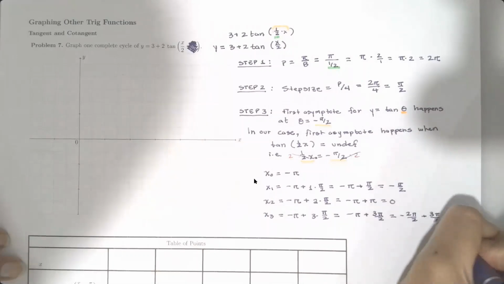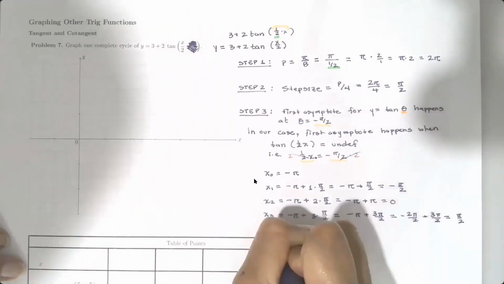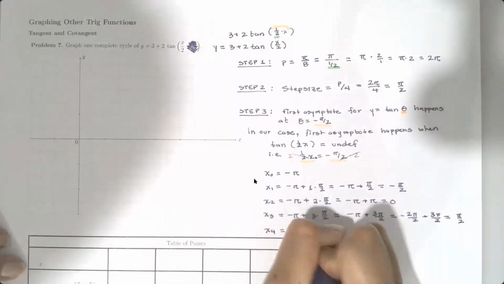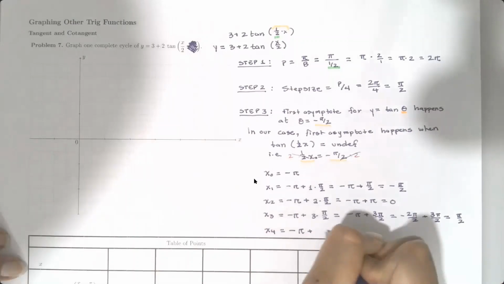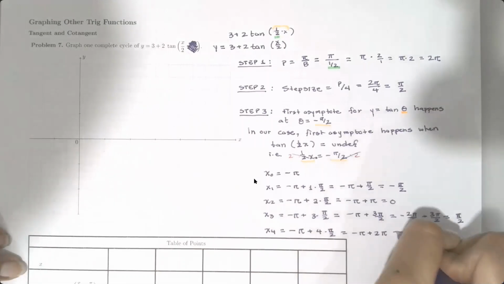And that gives us pi over 2. And then the last one is, again, the first asymptote plus 4 times the step size. So that's negative pi plus 2 pi, which is going to be pi.